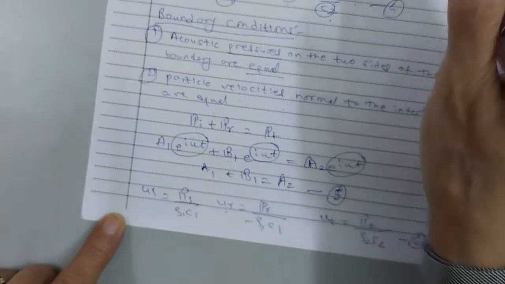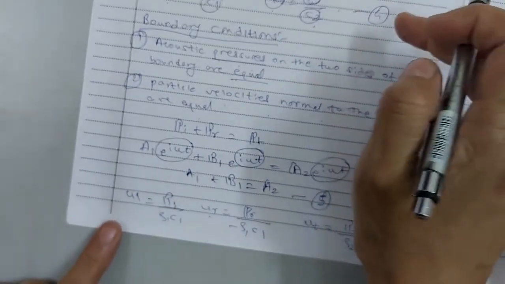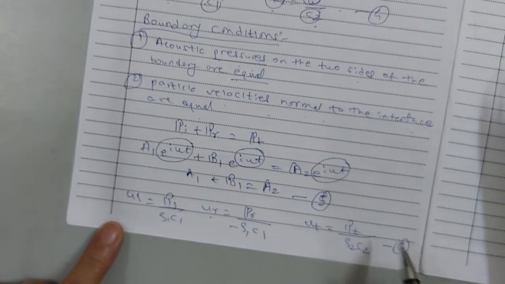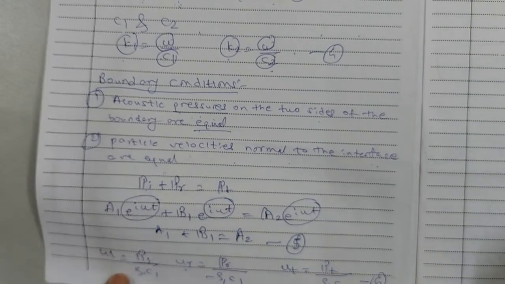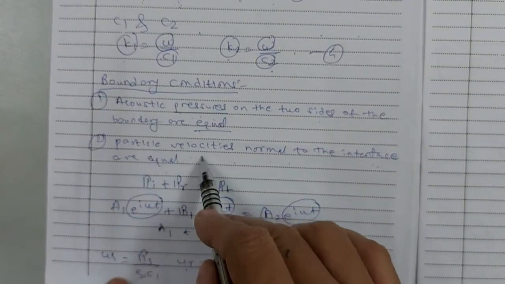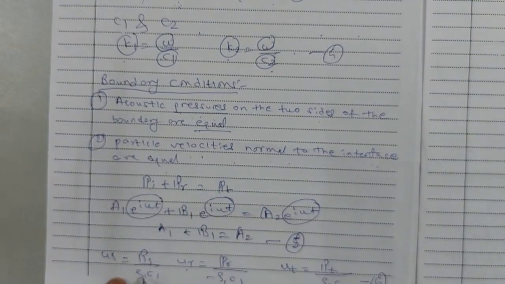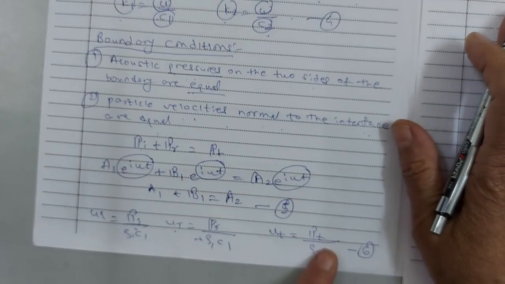So after getting equations 1, 2, 3, then 4, 5 and 6, our job is to simplify further and reach the ultimate expression. Here I have reached the expressions with the values of particle velocities for the incident wave, the reflected wave, and the transmitted wave.